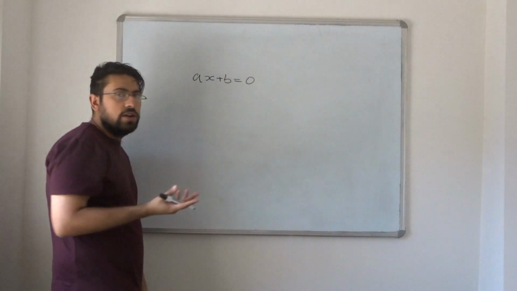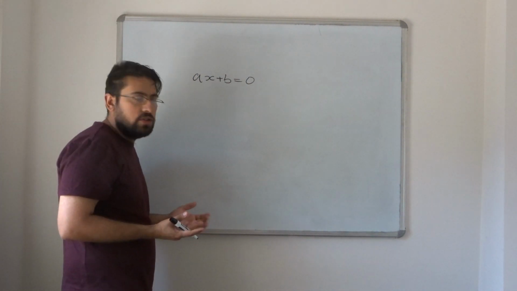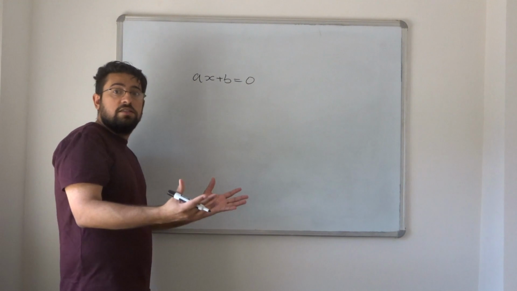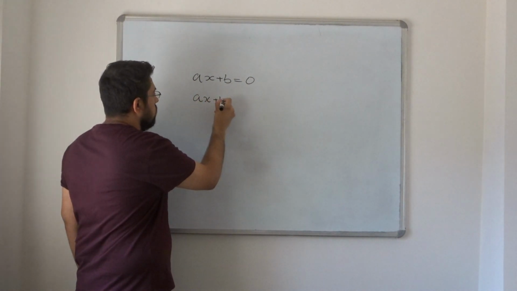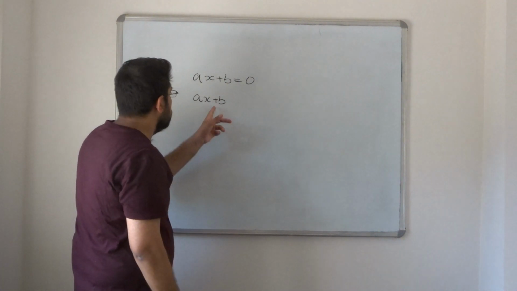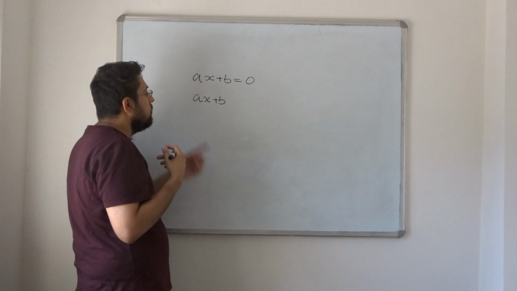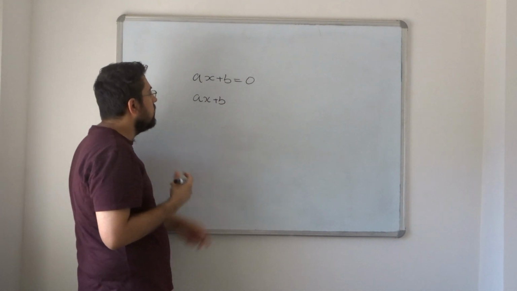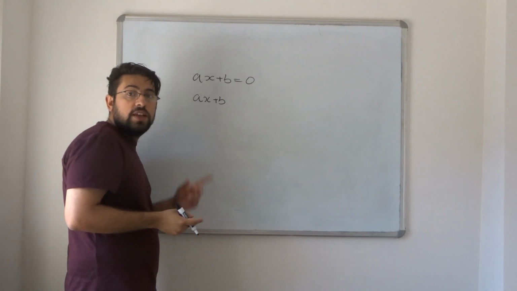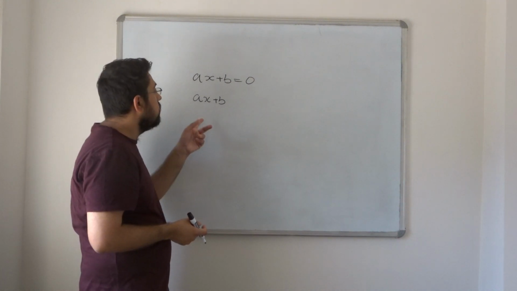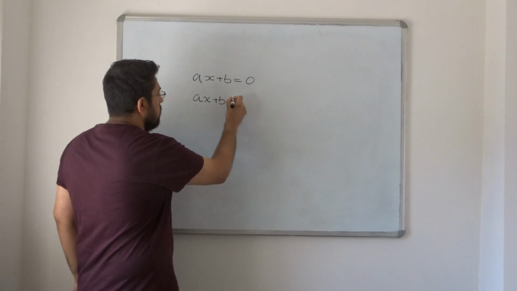So that means the sign inverses. Here you have plus b, and now you're transposing it to the other side. When we transpose b to the other side, because b is positive on the left-hand side, we need to take the inverse of the sign. The inverse of plus is minus.